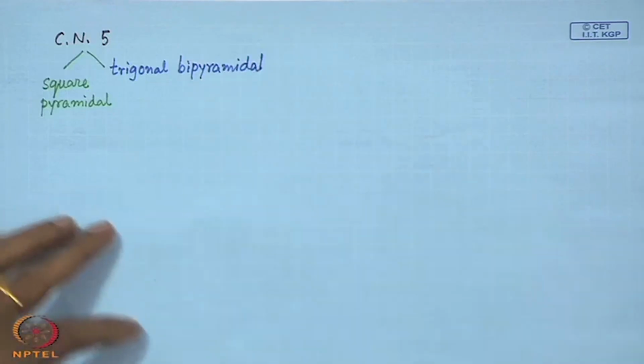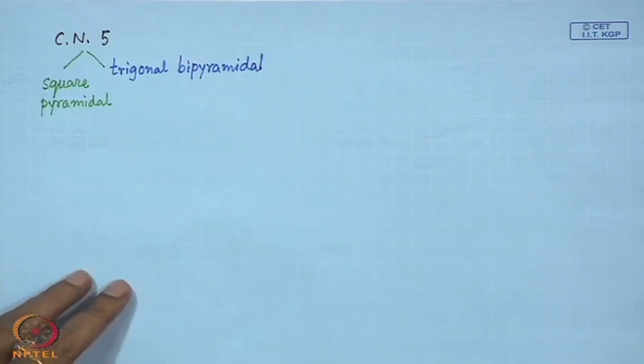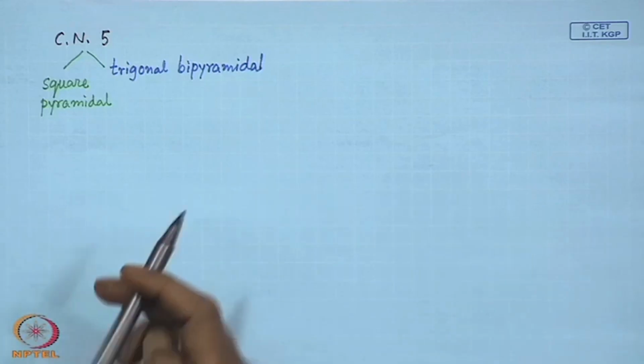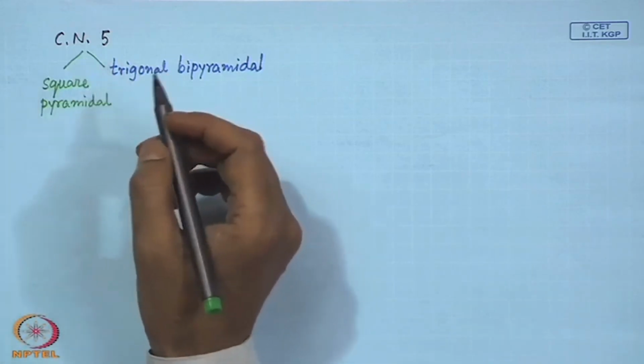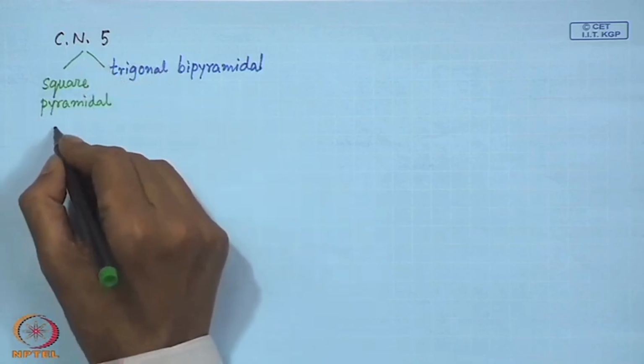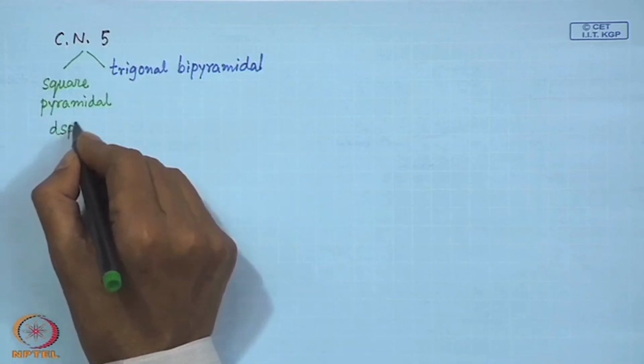So in square pyramidal geometry, like that of the square planar compound, the hybridization scheme is dsp2.